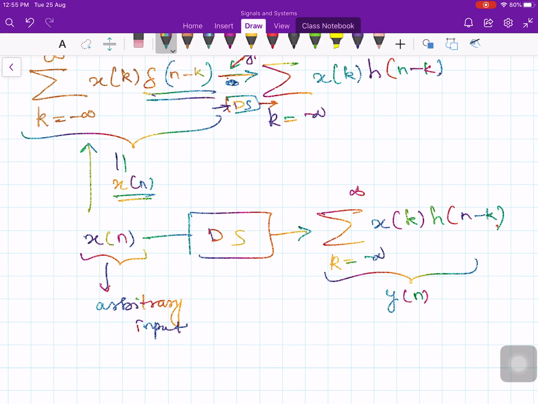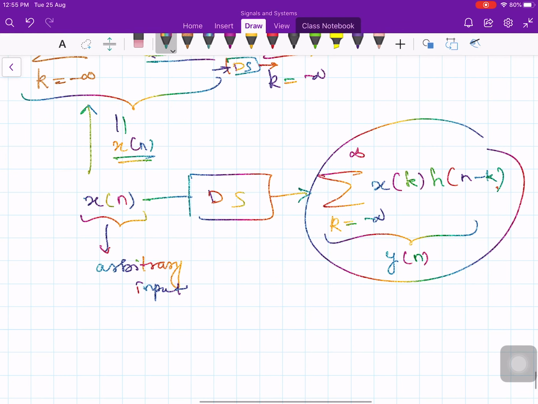The output therefore must be equal to y of n, which is the famous convolution theorem. So, for an LTI system, the output y of n is equal to the summation of x of k times h of n minus k going from minus infinity to plus infinity.